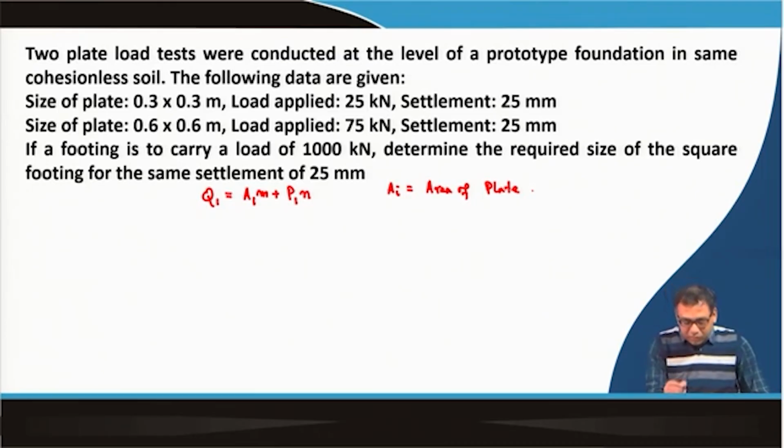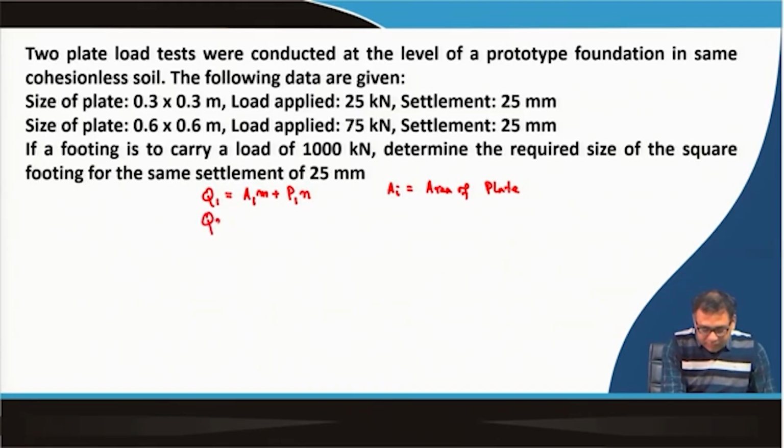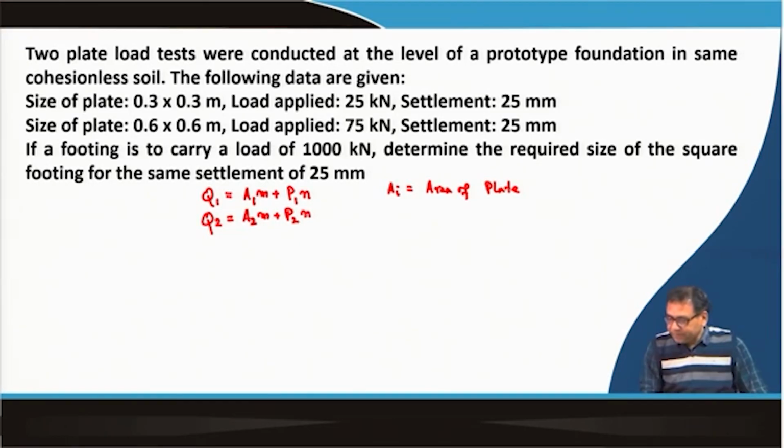Okay. So now for the second plate also, it will be Q2 = A2 m + P2 n.